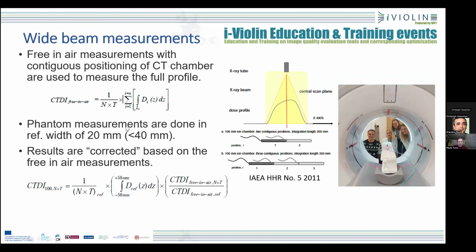Then we also do measurements in a reference width, which is now normally recommended to be 20 millimeters. The 20 millimeter reference collimation measurements are also done in the phantom, and the phantom measurements are then corrected based on the free air measurements. And here are my HUS colleagues with whom we were doing these wide beam measurements, positioning the chamber in the air.